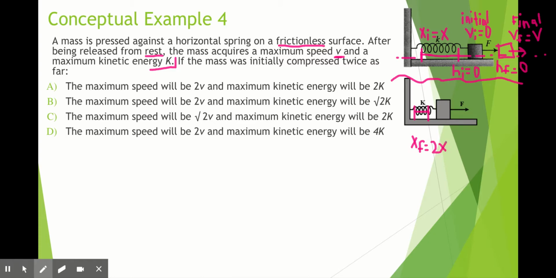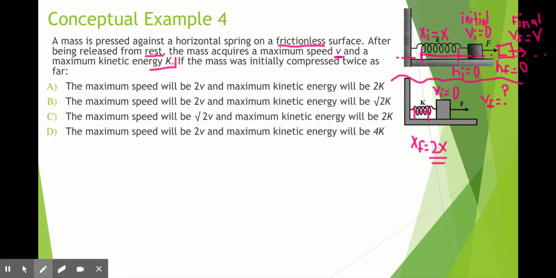We need to figure out how the final velocity is going to change based on the change in the compression. Okay, so the situations are virtually the same except that in the second situation, the spring will be compressed twice as far.